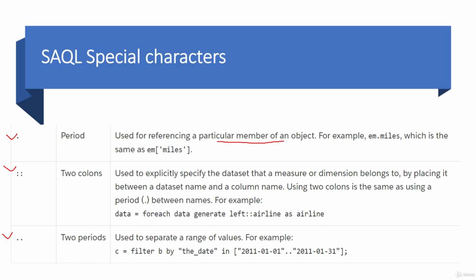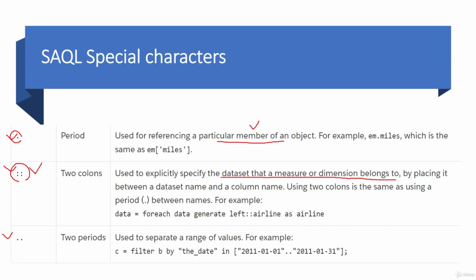To access a particular field or member of an object, we can simply use the dot operator, or you can say period operator. In the same way we have the double colon, which we use to specify the data set that a measure or dimension belongs to, by placing the colons between data set names. I'll talk about this in more detail when we go to the left join or outer join examples, where we will see how these colons are used.